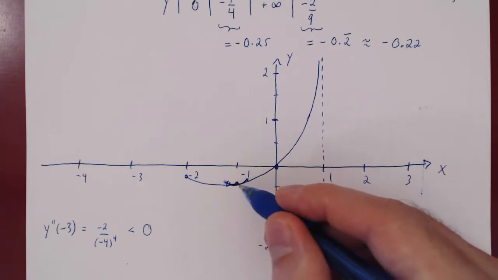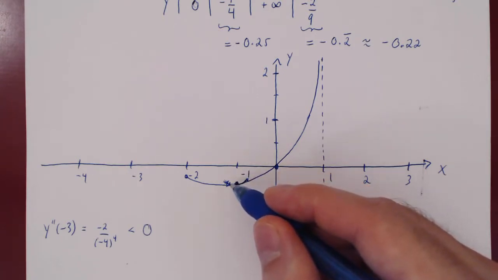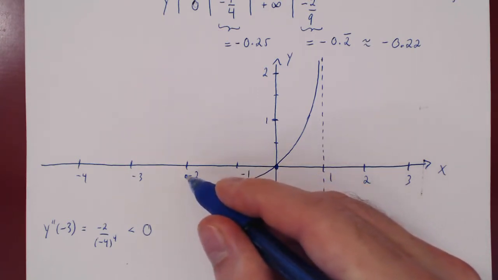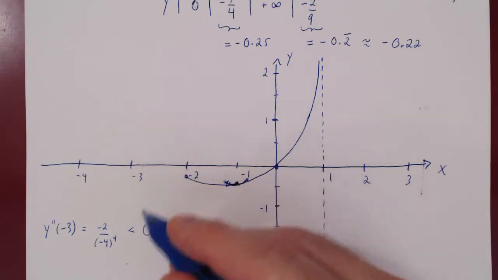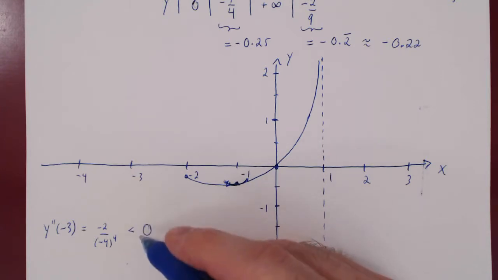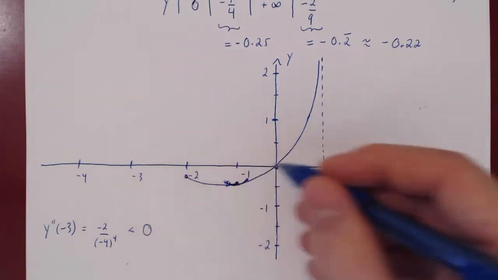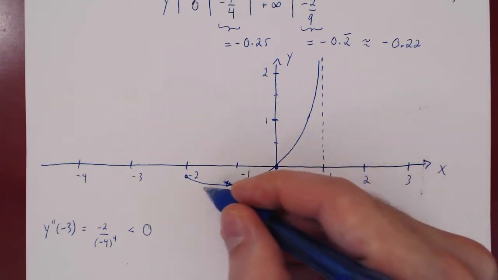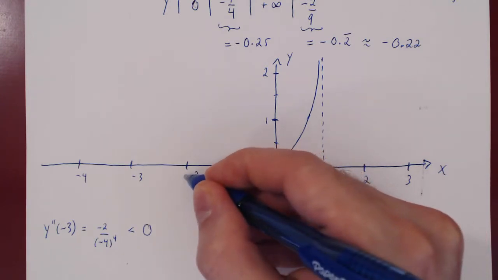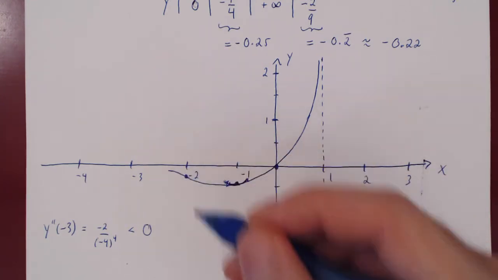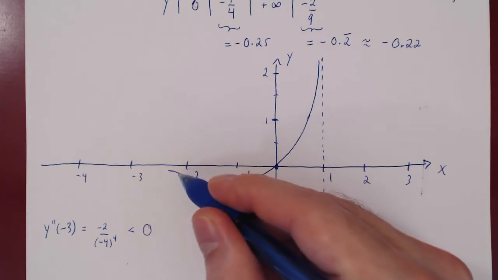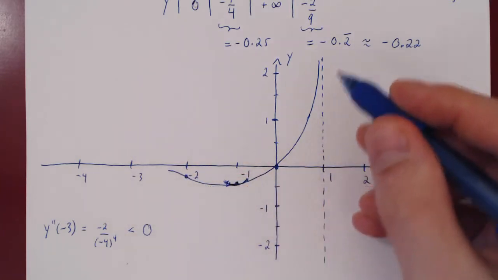The curve is flat. At x equals -1, it's concave up until we reach -2, because we know that at -3, to the left of -2, the second derivative is negative, the curve is concave down. And so the curve will go from concave up to concave down.